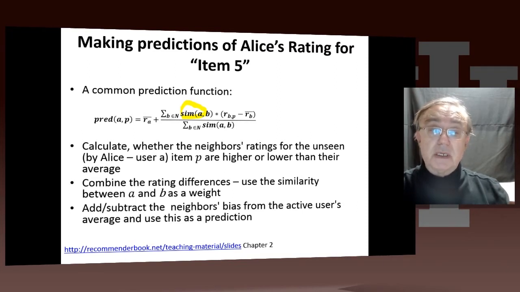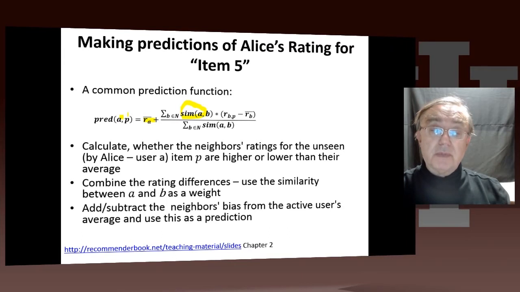And then we just sum over, here we have a user A who is going to be Alice. We have an item P, which is going to be item 5. We take the mean rating over rated items for Alice, and we add on this weighted sum.